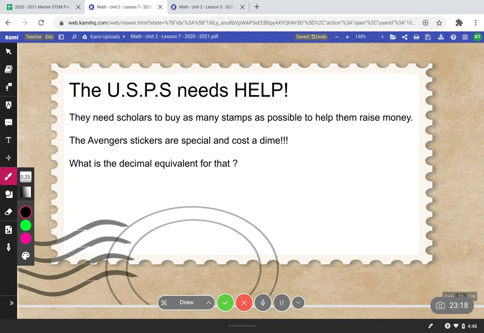So they have special Avenger stickers, but they cost a dime. What is the decimal equivalent for that? Well, we did that up there. We said a dime, you need 10 dimes to make $1. 10 dimes equals $1. So if you have 1 dime, that equals 1/10 of $1.